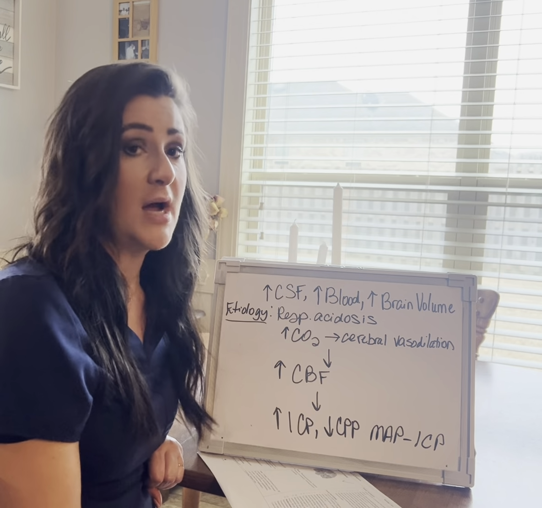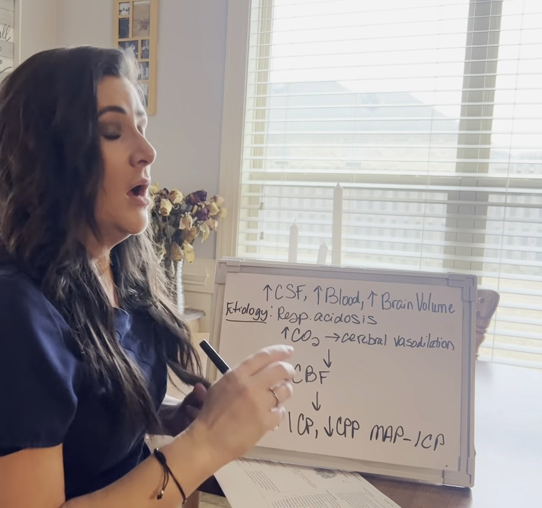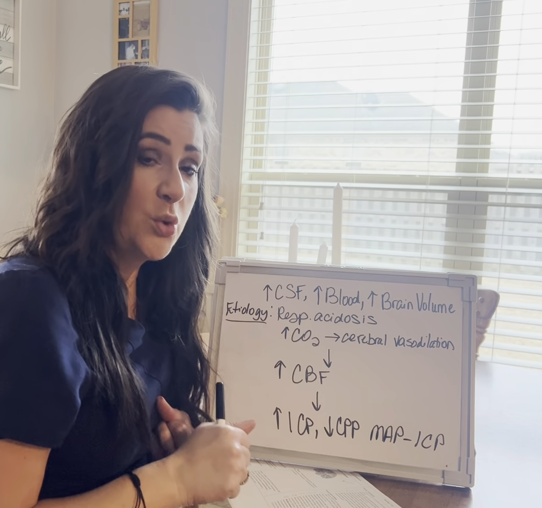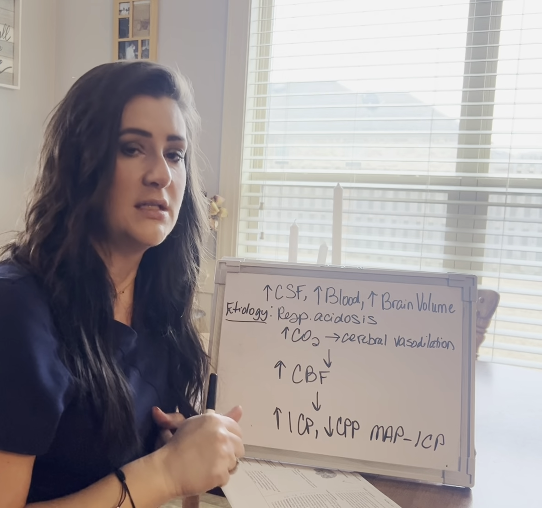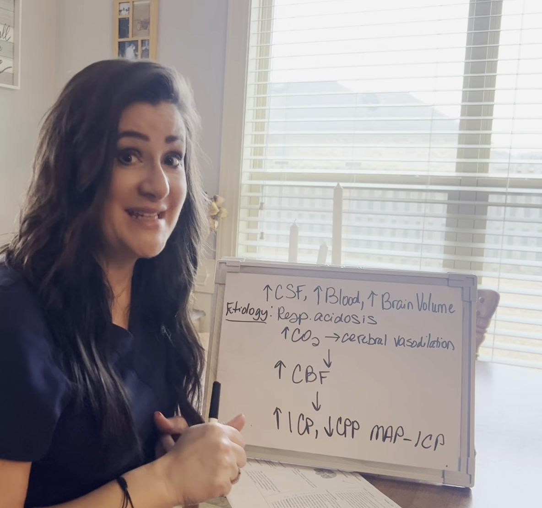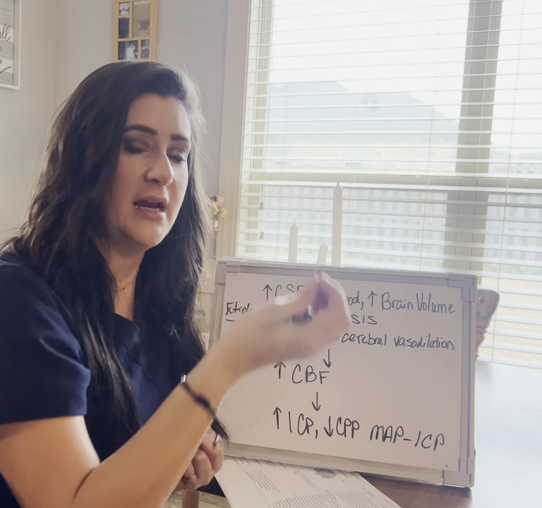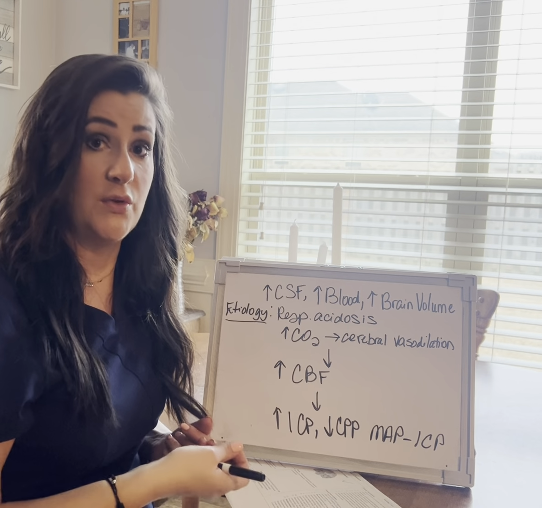The most ominous signs of brain herniation are a very, very low respiratory rate and a very, very low heart rate. That tells us that the cerebellum, the brain stem, has actually herniated on down through the foramen magnum, which is the opening to the spinal cavity.